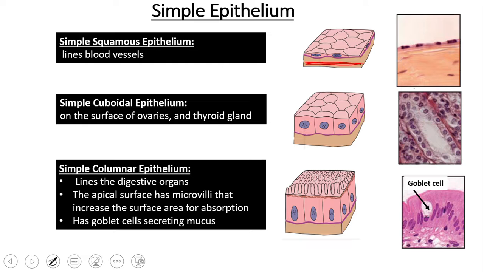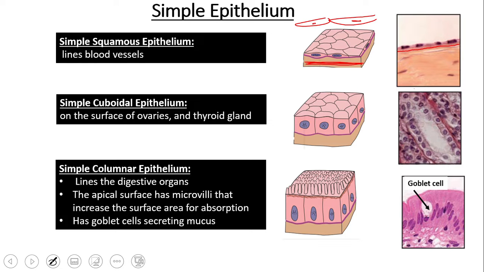So the simple squamous epithelium has flat cells above the basement membrane. So squamous means it's flat, squished. So if you see these flat cells above the basement membrane, that is a simple squamous epithelium. It lines our blood vessels, for example.